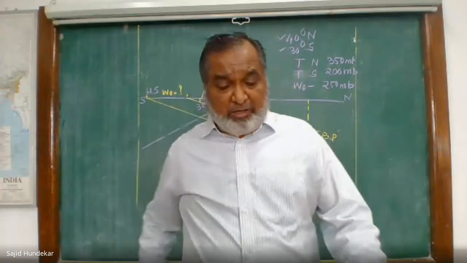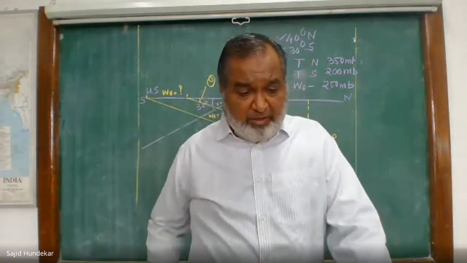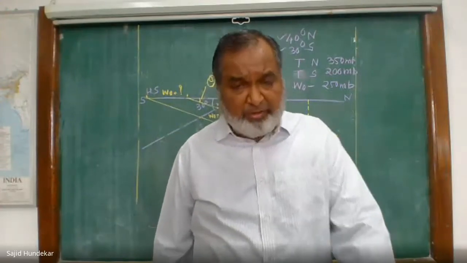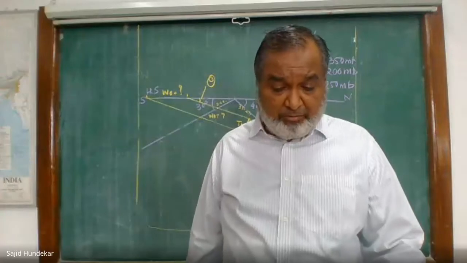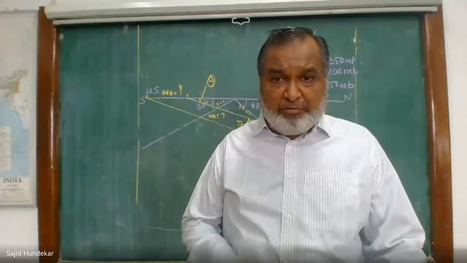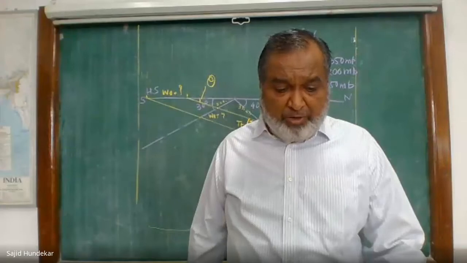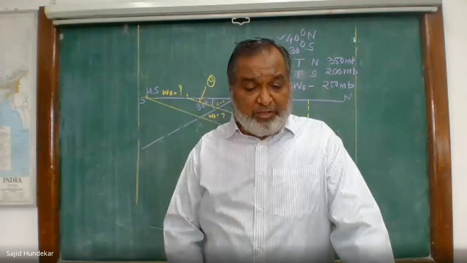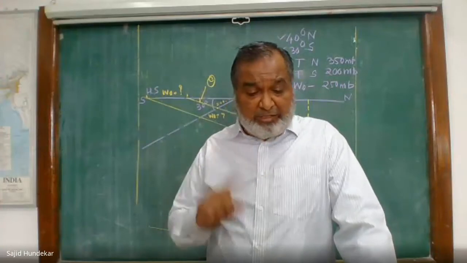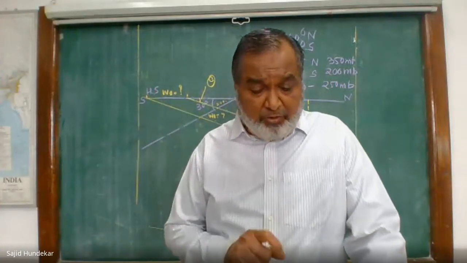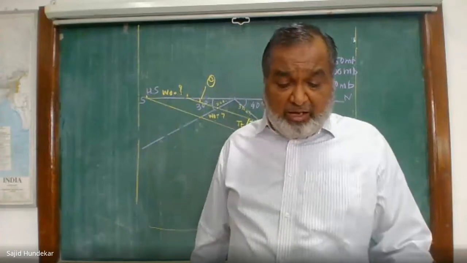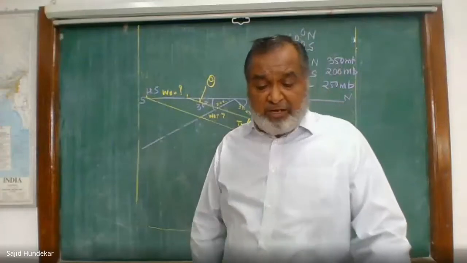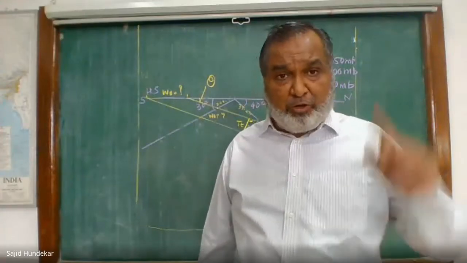I'll read out. Now take whatever you have written. A hill has a slope of 20 degrees north, 50 degrees south. Top and bottom junctions of the coal seam are exposed on the northern slope at a distance of 200 meters and 500 meters respectively from the top.